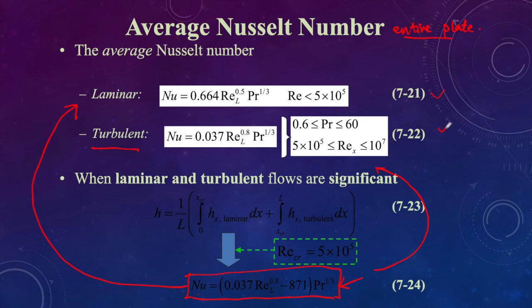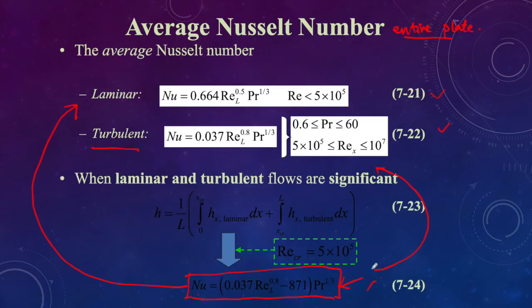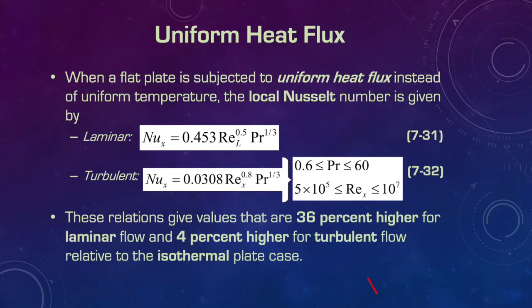In a real situation, you have to use this equation to determine the value of the Nusselt number for laminar and turbulent flow, because we are considering the entire flat plate, and an entire flat plate has two different flow regimes, laminar and turbulent flow.